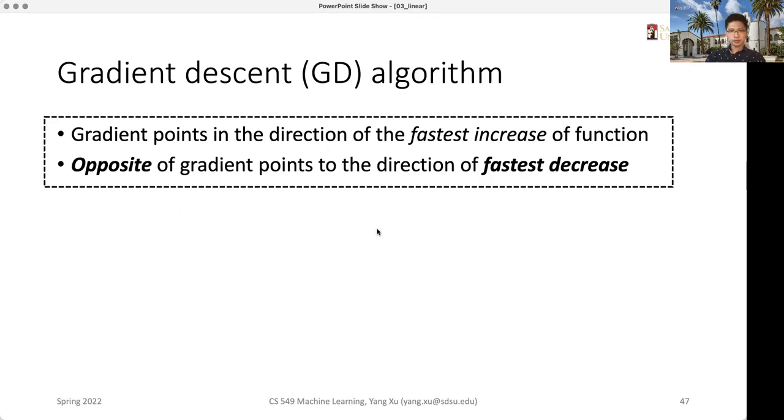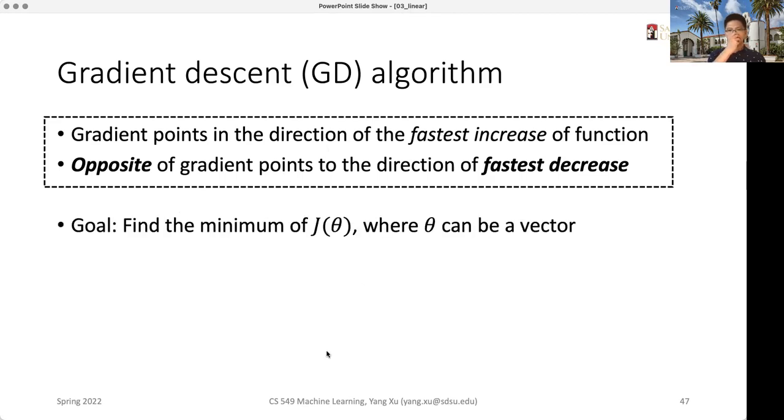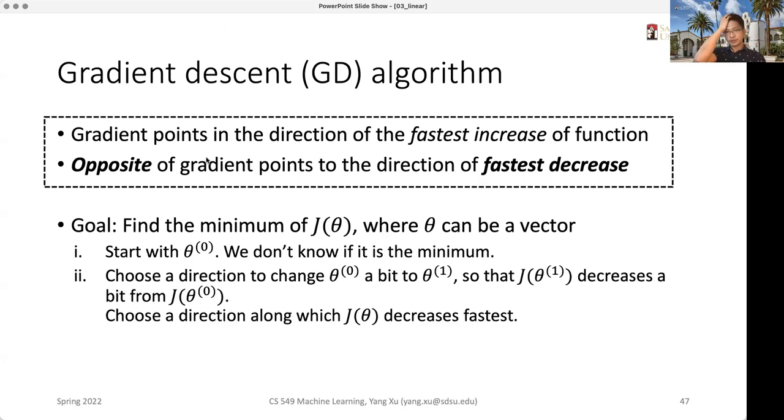Animations stopped here. Yeah. So whenever we want to find the minimal point of a cost function, and our input can be a vector, we can start with some random values. Start with a theta 0. And we don't know whether this is the minimum or not. And very likely it will not be the minimum. And we will choose a direction to change that theta 0 a little bit to theta superscript 1, so that our cost function decreases a little bit.